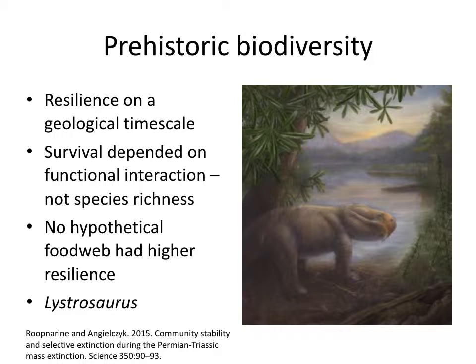Now, there's an interesting study that came out just this year, which looked at ecological resilience on a geological timescale. So it found that the survival of species depended on the ecosystem of which they were a part.